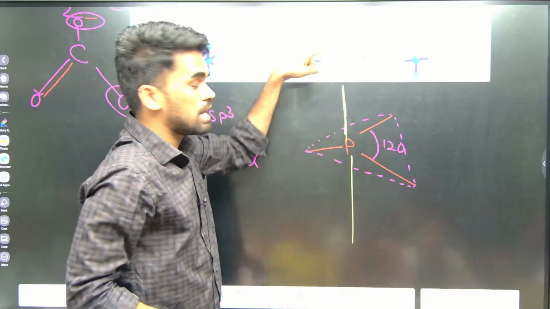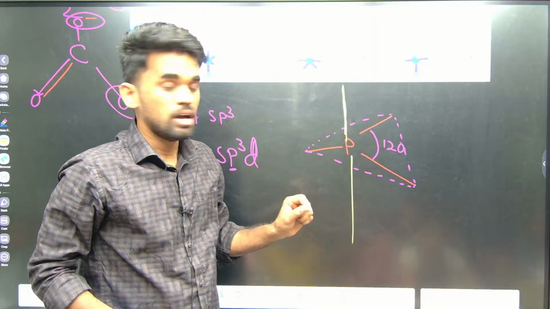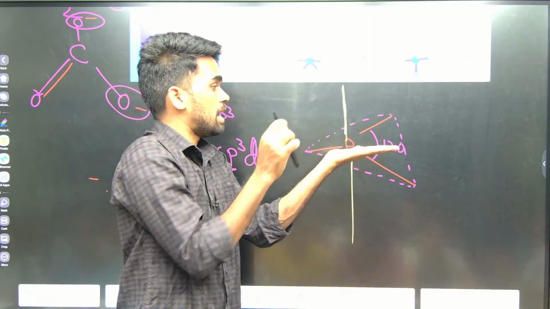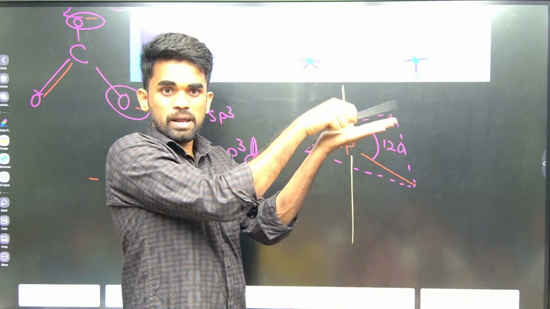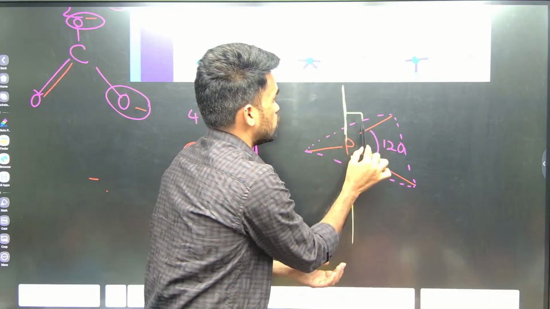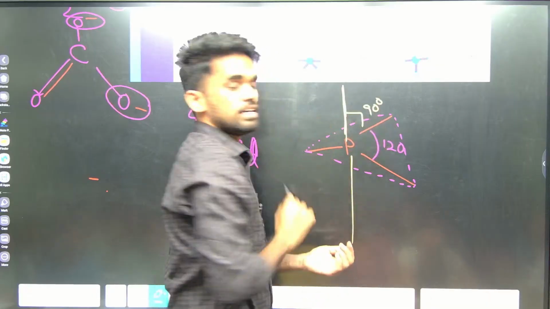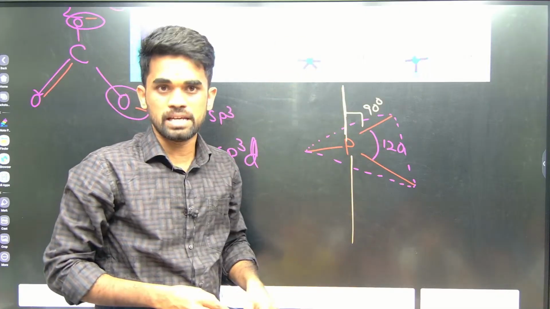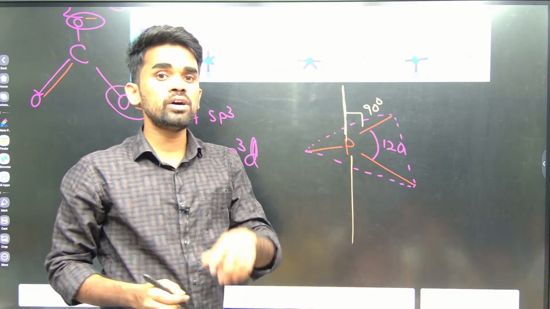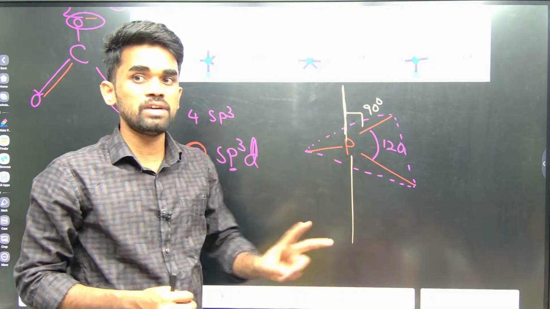Now these yellow color lines are there. With those yellow color lines, what is the angle we have with this plane? 90 degrees, right? So those yellow color lines are called axial. So in trigonal bipyramidal geometry, we have 2 types of bond lengths.